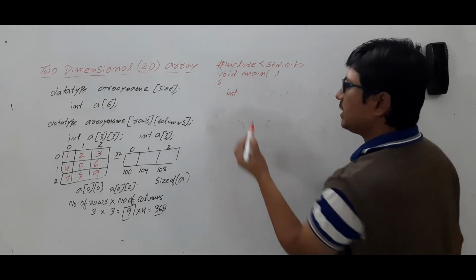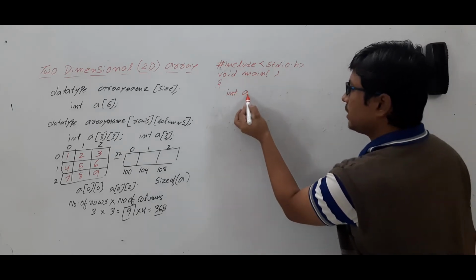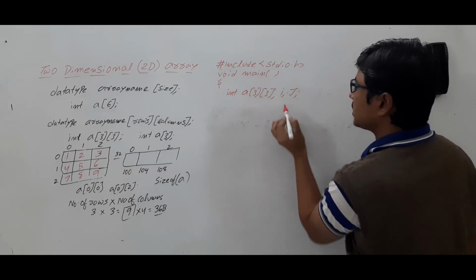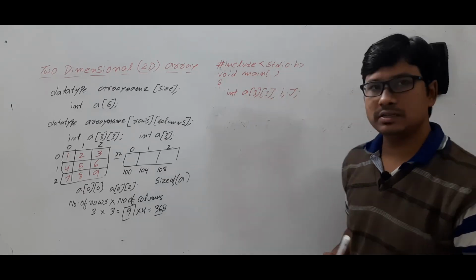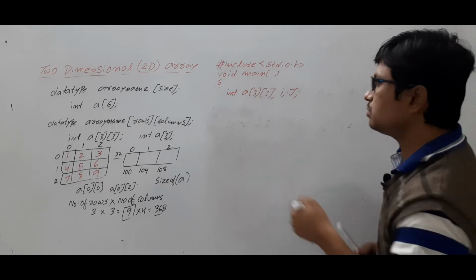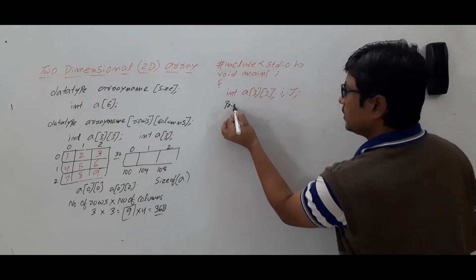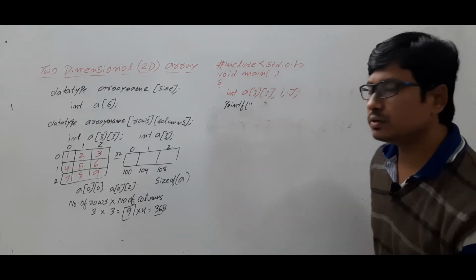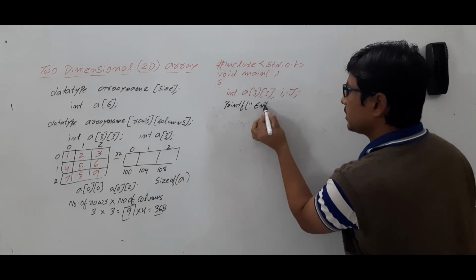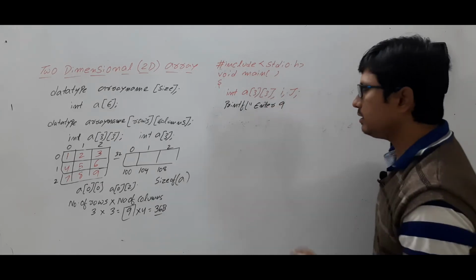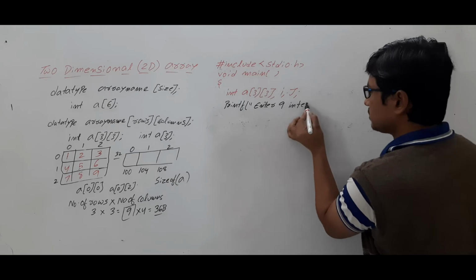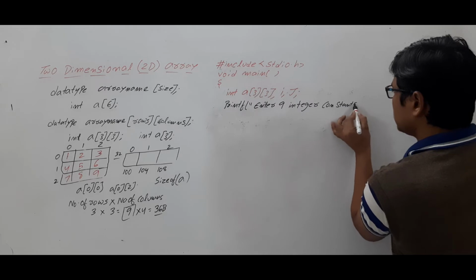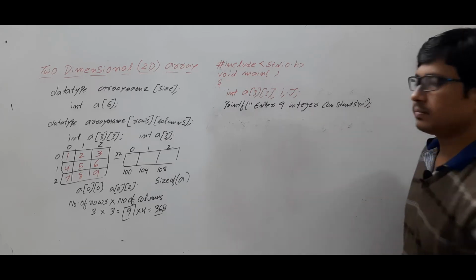Now you can declare a two-dimensional array, and you can declare two variables i and j. Is it clear? Now you can ask the user to enter 9 integer elements.